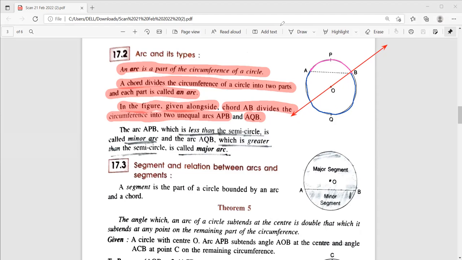So remember, students, when you have an arc which is smaller than the semicircle, the arc APB, which is less than a semicircle, is called a minor arc. You see this? The arc APB is smaller than the semicircle, so definitely it is a minor arc. APB, the one that is pink in color, is the minor arc.